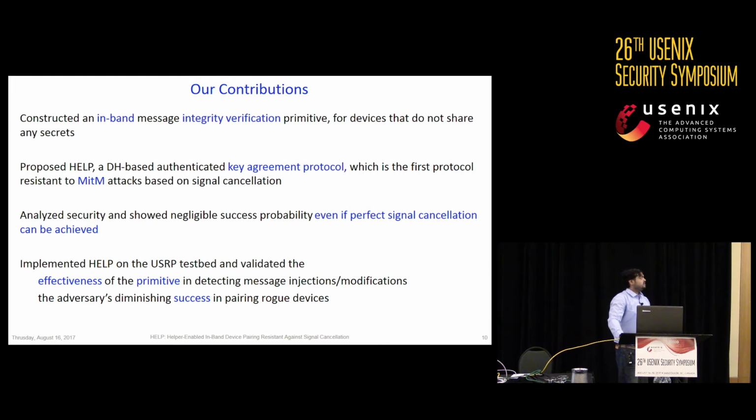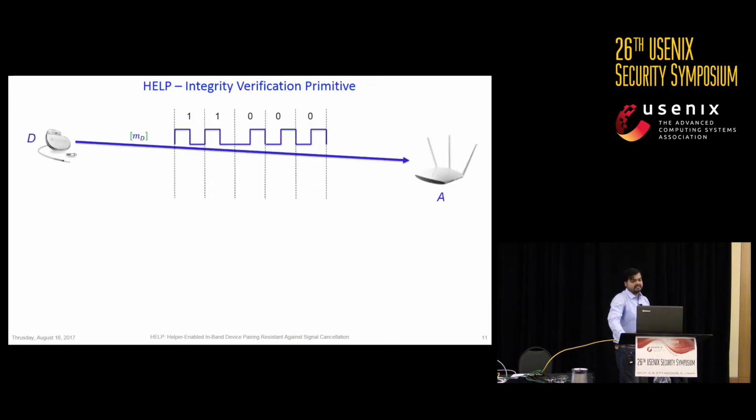Then we analyzed the security and show the success probability is a negligible function even with perfect signal cancellation. And finally, we implemented HELP on USRP testbeds to validate the effectiveness of the primitive in detecting message injection, and also we determined the adversary's diminishing success in pairing rogue devices.